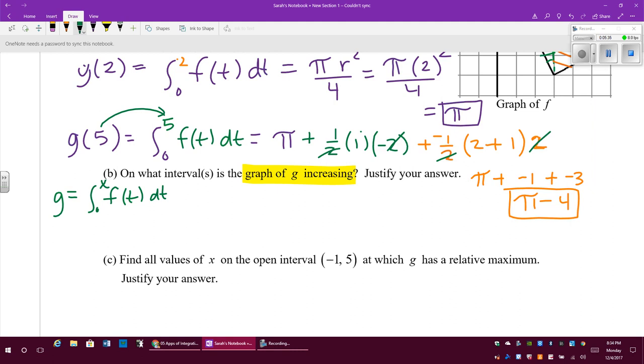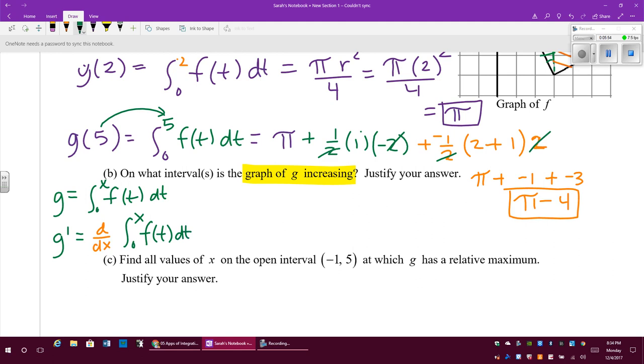That means that if I want to know where the graph is increasing, I need to know about g prime. Well, g prime is going to be the derivative of the integral from 0 to x of f of t dt.